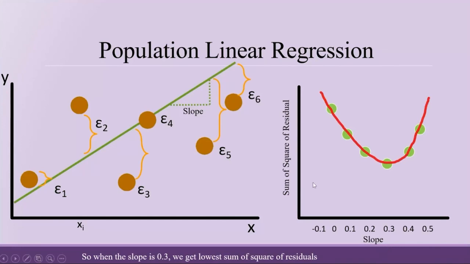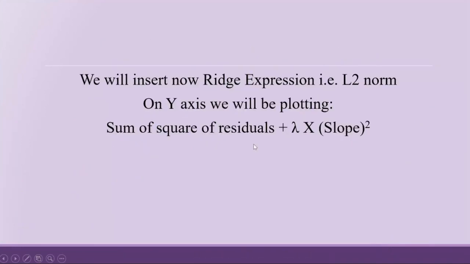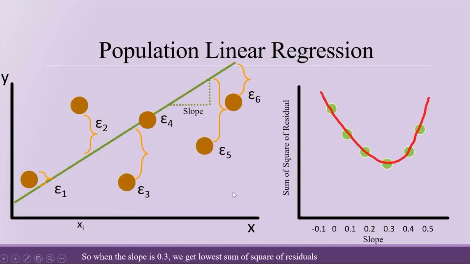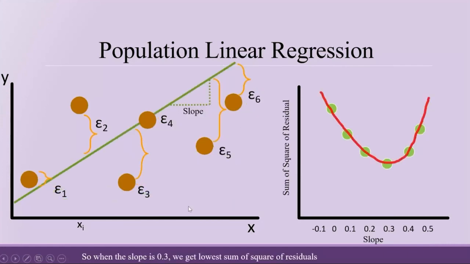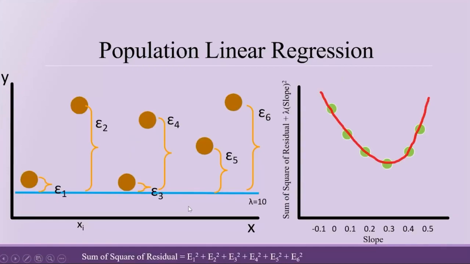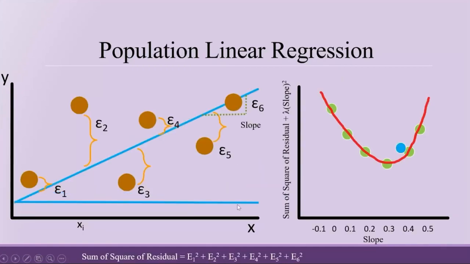So this is a slope and sum of squared residual. So this is known as a Ridge expression, where I'm introducing the lambda into slope square lambda, that is this one. We are keeping the line at lambda, we are raising this bar, and because of this our sum of squares have decreased. So lambda is equal to 10.